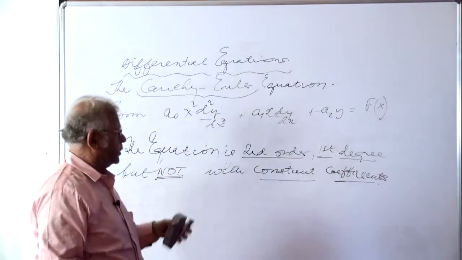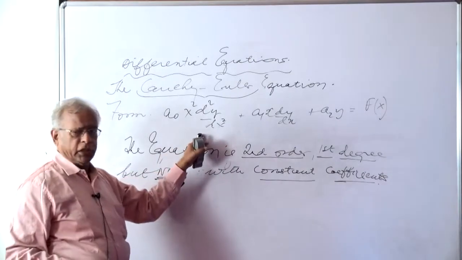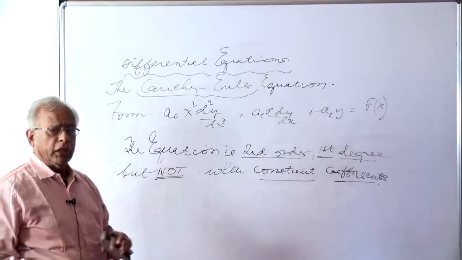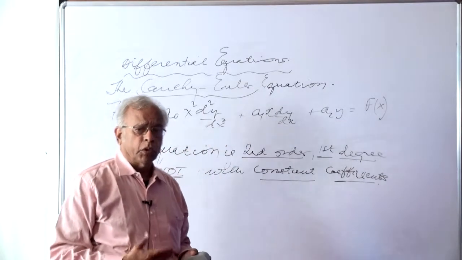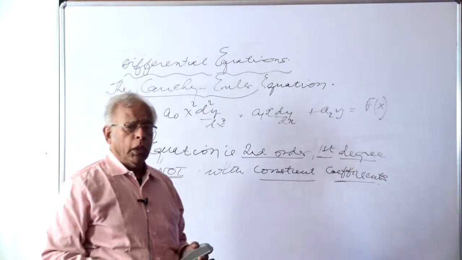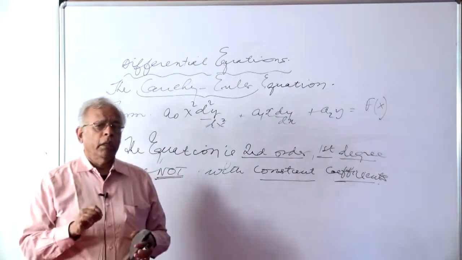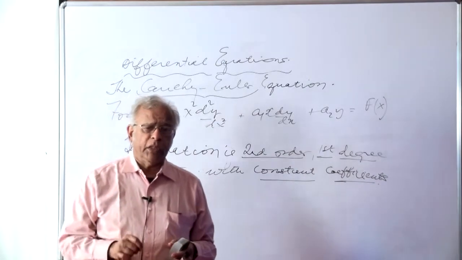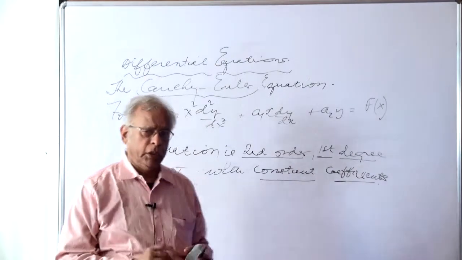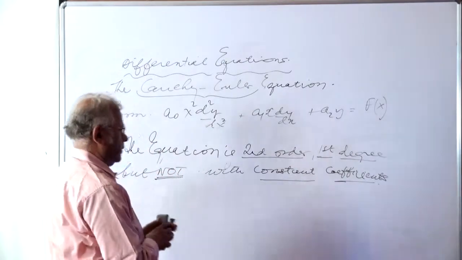Here we have of course a second order derivative as the highest. Again I repeat, it is converted to a second order differential equation with constant coefficients. That is the focus of this method.